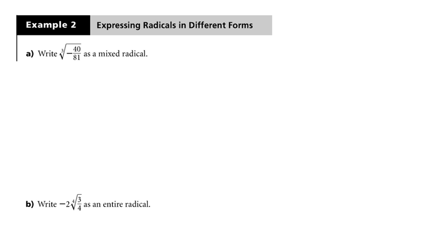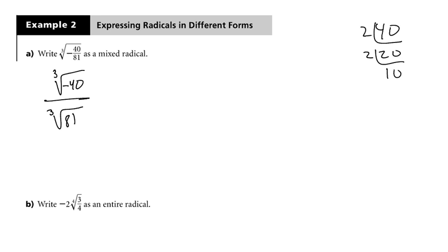Alrighty, so same as with multiplying, I can break this into 2 things with dividing. So I get cubed root of negative 40 over the cubed root of 81. Let's have a look at 40 over here. So I can divide that by 2, I get 20. Divided by 2, I get 10. Divided by 2, I get 5. Divided by 5, I get 1. So 40 is the same as 2 times 2 times 2 times 5.